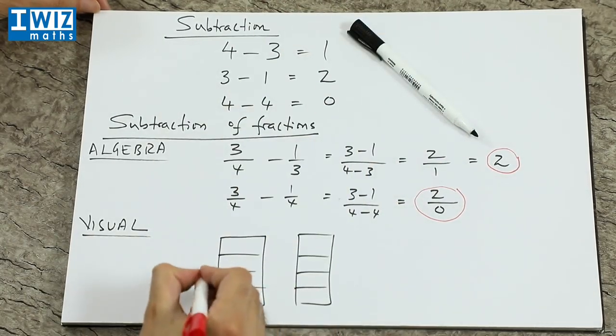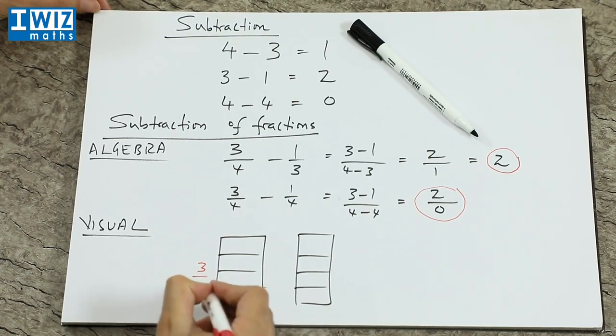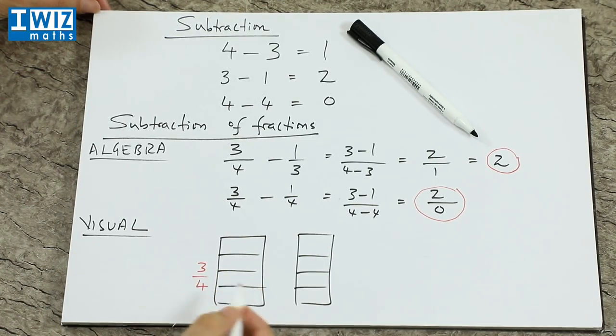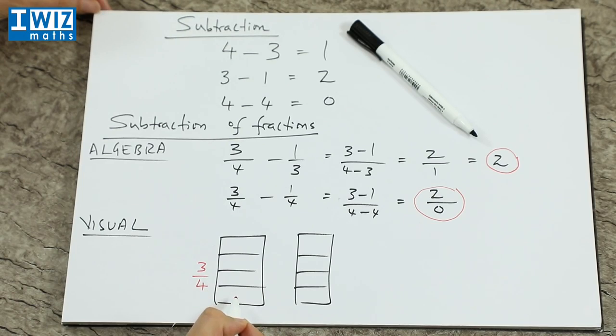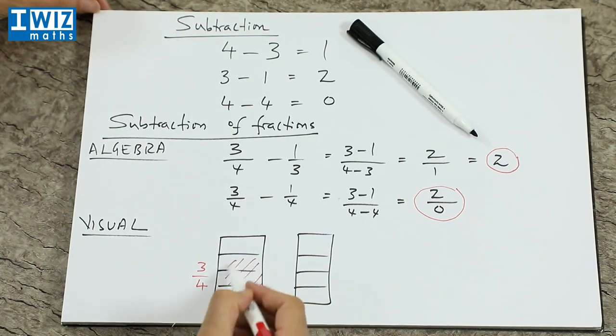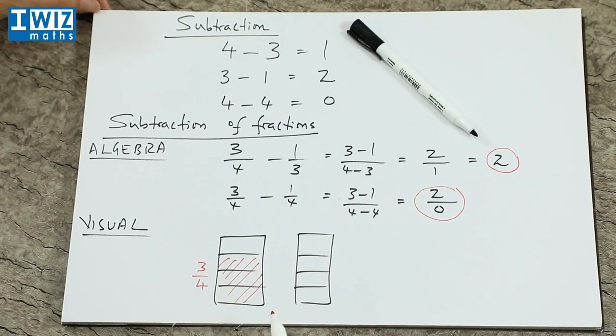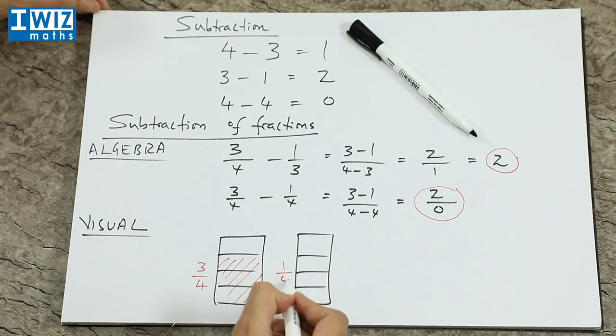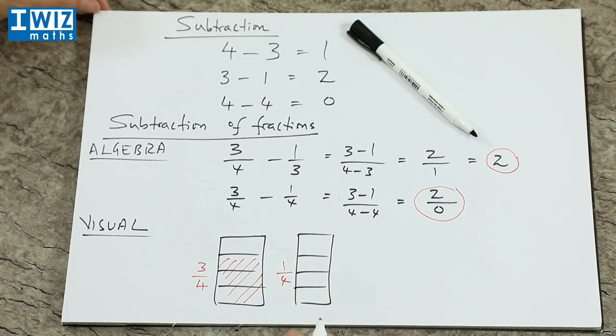And this first box is meant to represent the fraction 3 on 4. So that is 3 of the 4 parts. So what we do is we color 3 of the 4 boxes. The second box is meant to represent 1 divided by 4. So what we do is we just color 1 of the 4 boxes.